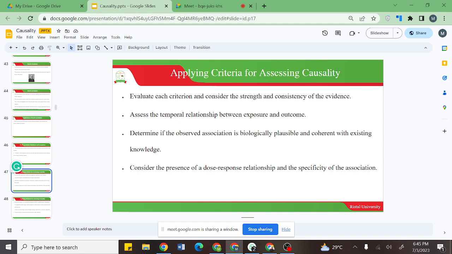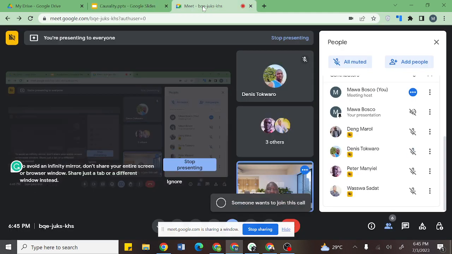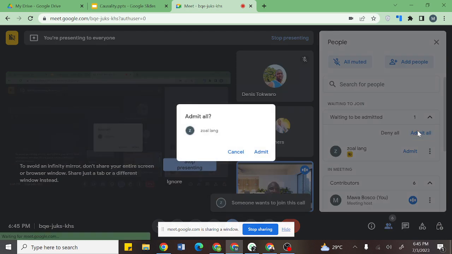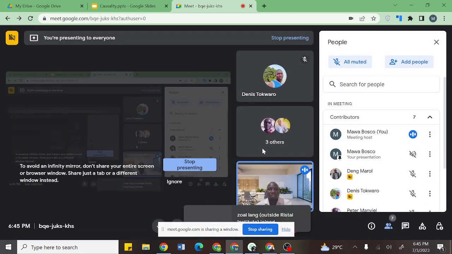So we usually use the criteria that we have explained to be able to really determine these relationships. And sometimes, for example, when COVID came, there were very many issues put across as the causes of COVID.